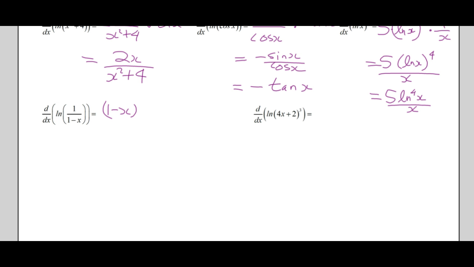Okay, now what? Times, what do we got to deal with now? 1 over 1 minus x, right? So now we got a quotient rule. Oh, quotient rule, right?